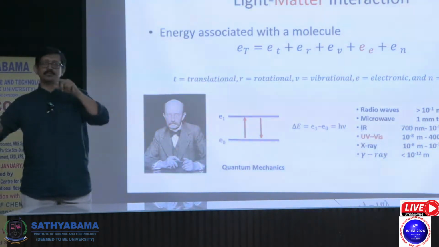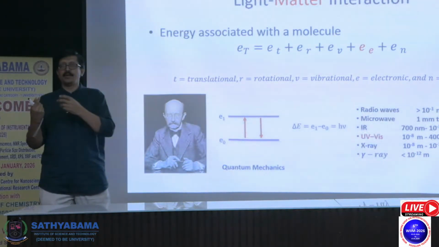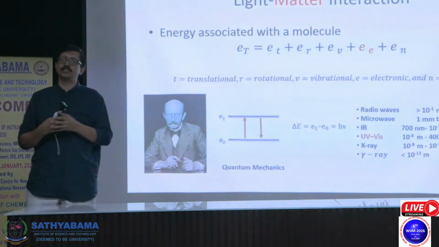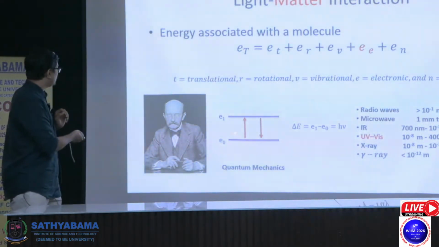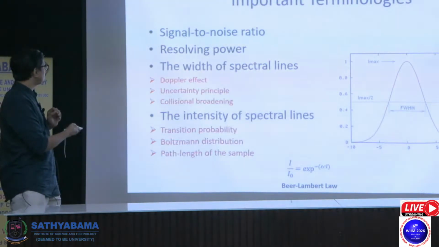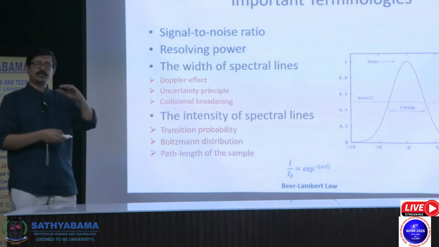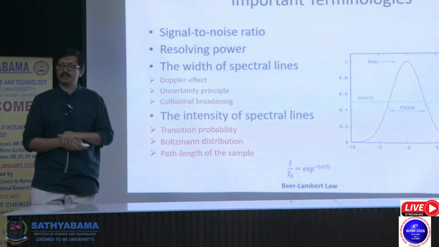Electrons are outside, and the photon is the one that is getting interacted and the energy exchange is happening. So the electronic energy is getting perturbed when you are shining UV and visible light. So when the electronic energy is getting perturbed, you are supposed to get a transition from a lower electronic energy level to a higher electronic energy level.